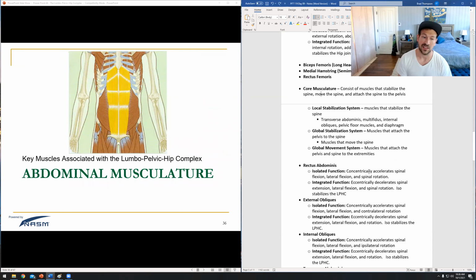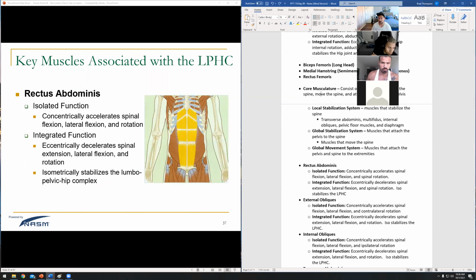Okay, well, we can't talk about the lumbo-pelvic-hip complex without talking about the lumbo part. So we're going to get into our abdominals here. Now, before we do, I want to teach you a term that you're going to see in later classes much more often. You've got 3 systems in your abs.